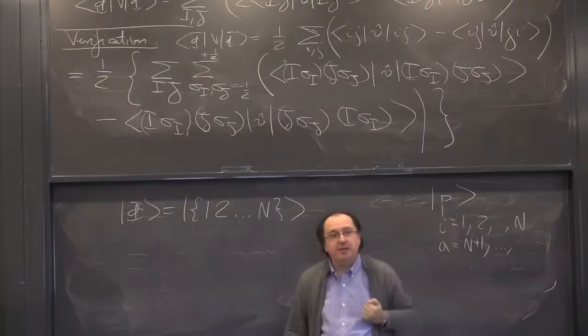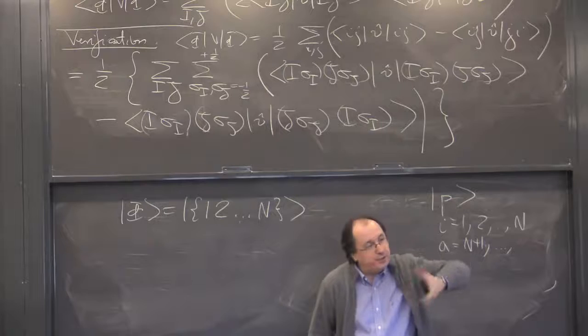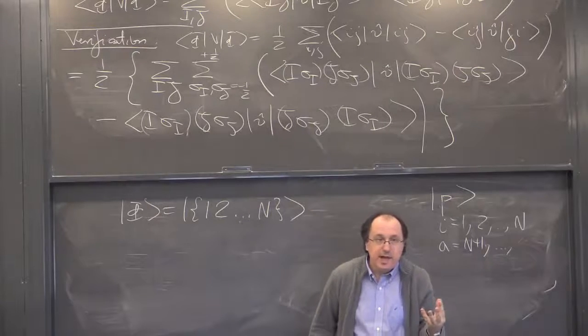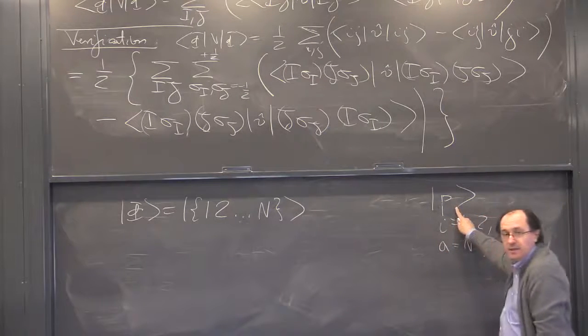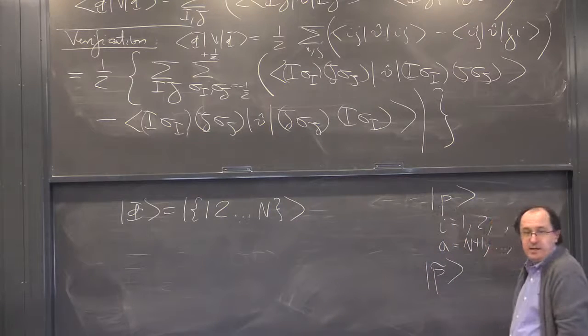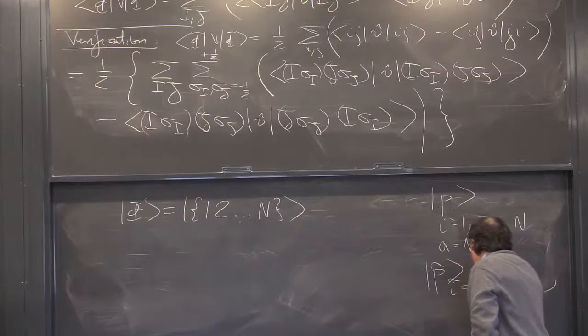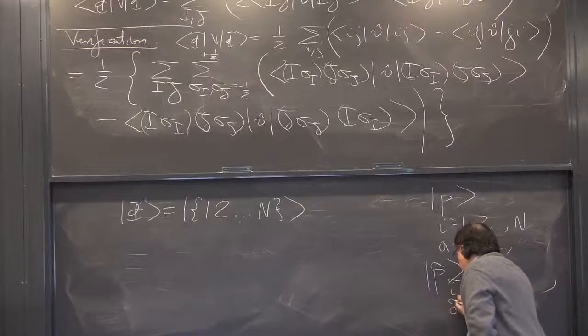So the only thing I can do to produce another determinant which has a non-zero overlap is to rotate orbitals. I have to switch from this basis to some other basis, which I will call p tilde, which will have its own occupied i tildes and unoccupied.